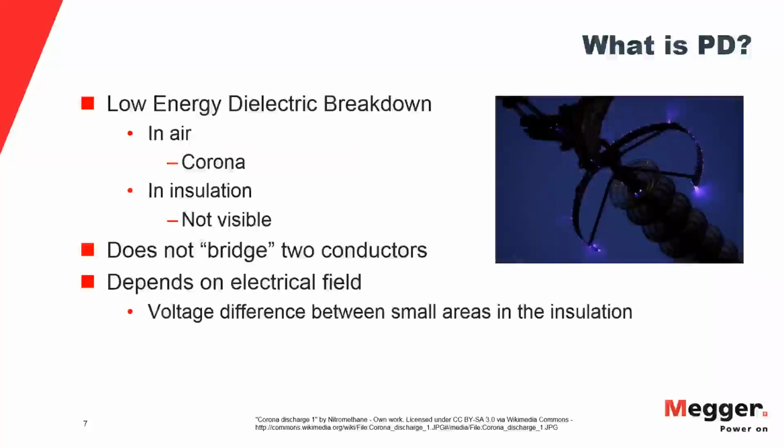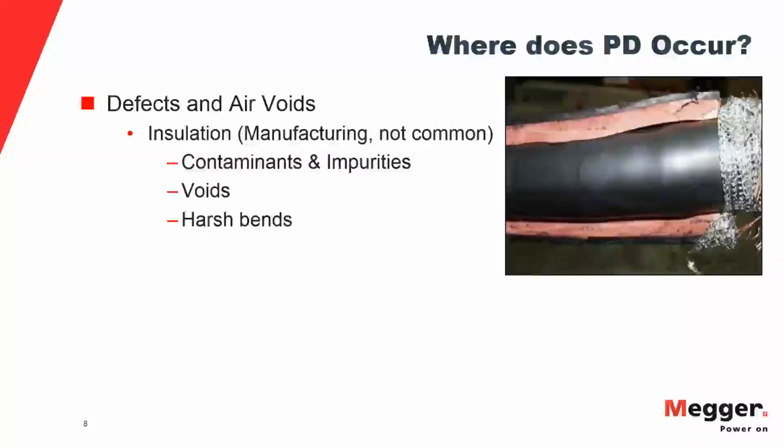You may be familiar with corona discharge in air, where sharp points or anything on overhead lines will emit a bluish glow. It's a very similar phenomenon to partial discharge, except, of course, we can't see into the cables. What's happening is it's ionizing the insulation material, but it's not actually causing a full breakdown between two conductors.